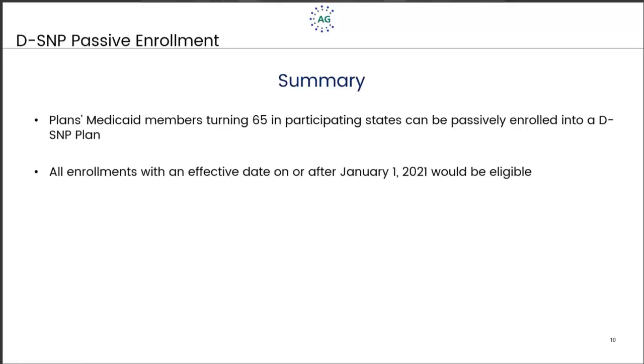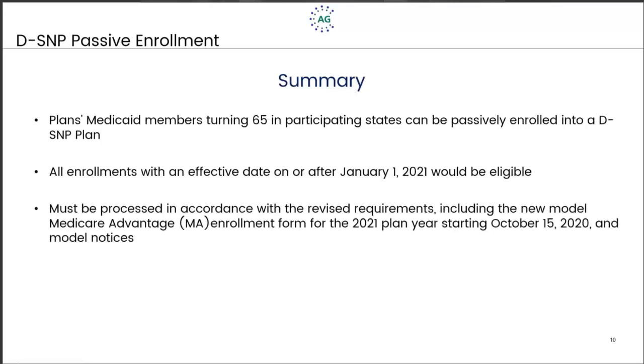All enrollments with an effective date on or after January 1st would be eligible. And it must be processed in accordance with revised requirements, including the new model Medicare Advantage enrollment form for the 2021 plan year, starting October 5th, 2020.